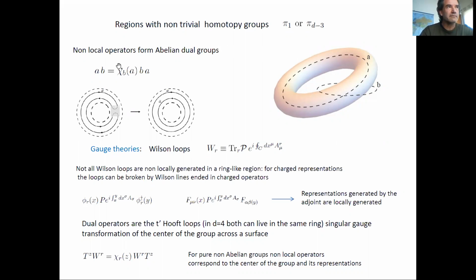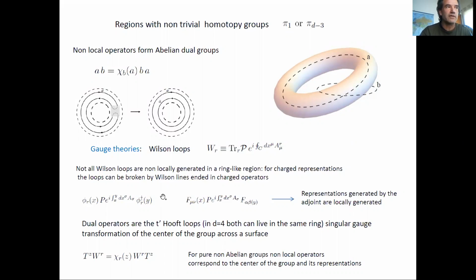Well, this is more or less formal, but in gauge theories you can see this more transparently. You can think, well, what is non-local in a gauge theory inside the ring, and it should be something like a Wilson loop that is labeled by representations. But not all Wilson loops are non-locally generated.